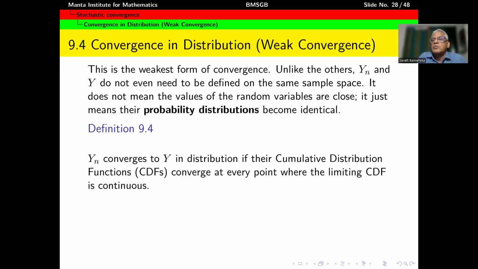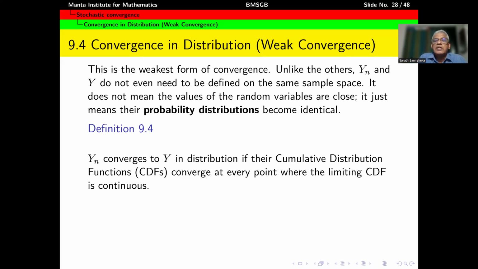When we say distribution, generally we can consider the cumulative distribution function, because we can discuss the cumulative distribution function regardless of the type of the random variable, whether it is discrete or continuous. On the other hand, if you are dealing with continuous random variables, then we can also talk about the densities.